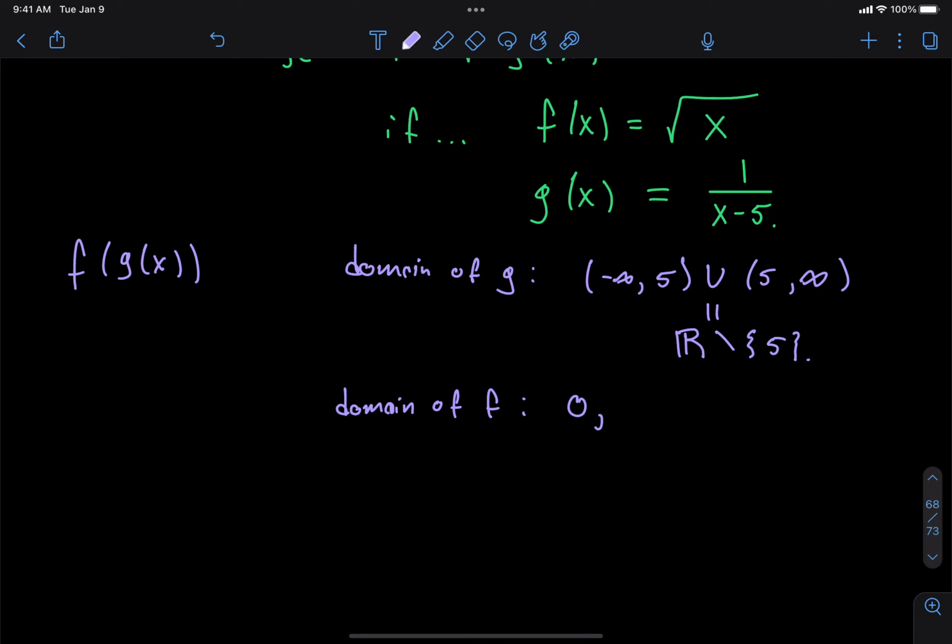Should I have a bracket on 0 or should I have a parenthesis? When should I have a bracket versus when should I have a parenthesis? Bracket is when you're including it in the set. Very good. Bracket is when I include it, right? If I'm going to include 0 in this set, what must be true? I must be able to compute the square root of 0. Can I do the square root of 0?